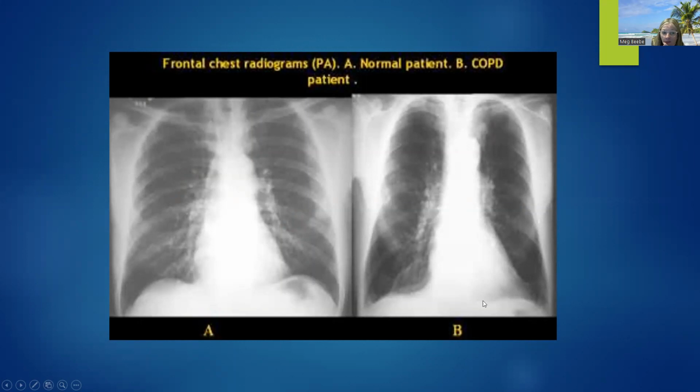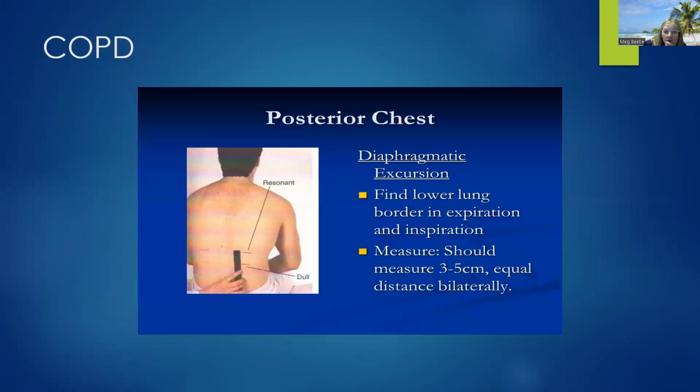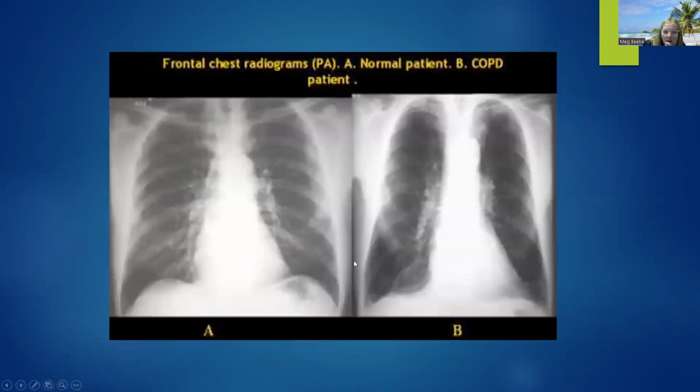And then with the hyperinflation, again, this hyperinflation in COPD is to preserve expiratory airflow. This is kind of the body's way of compensating. Because the airflow is decreased, there's this airway resistance.